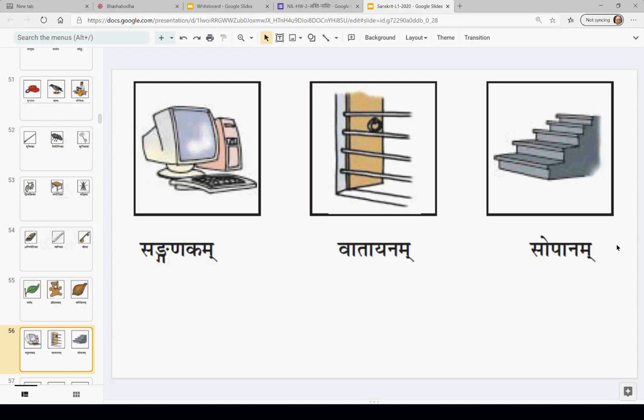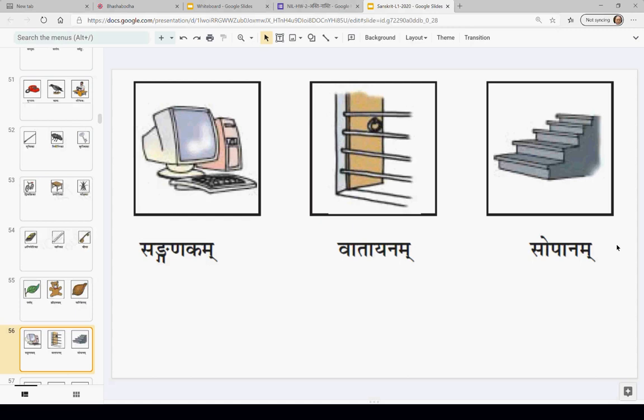Vachayanam, Sopanam. All are Napunsakalinga. Yeah. And what is the meaning of each word? Sanganakam is something that computes. Vachayanam is basically it's open to the environment, or it's a window. Sopanam is steps. Yeah. Steps.